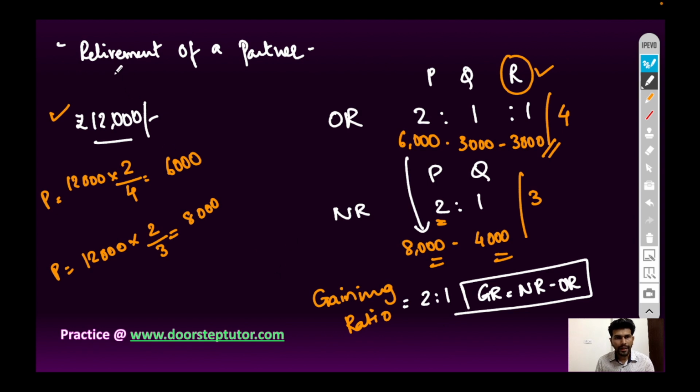Here, at the time of retirement and death, we will get gaining ratio because one of the partners is either retiring or deceased, and the remaining partners will share the profit of the retiring or deceased partner. So we will get sacrifice ratio in case of admission of a new partner. We will get gaining ratio in case of retirement or death.